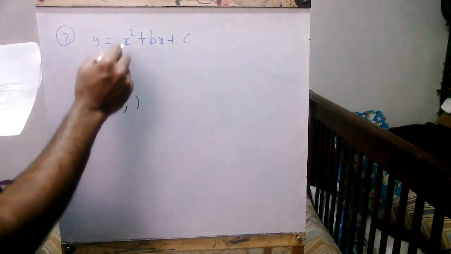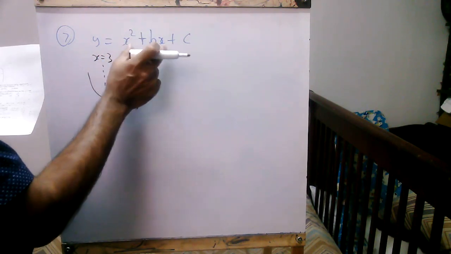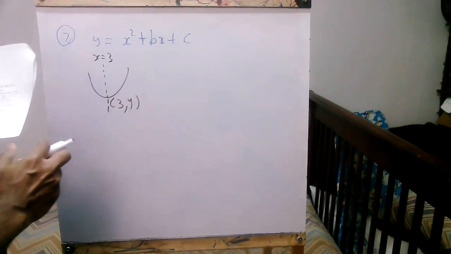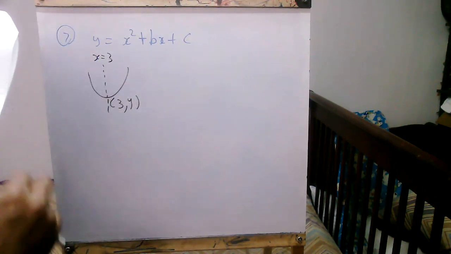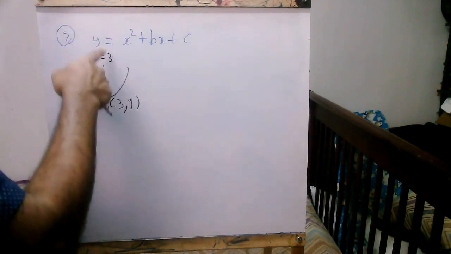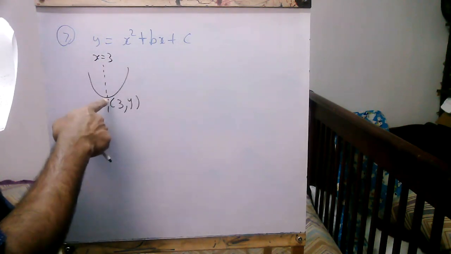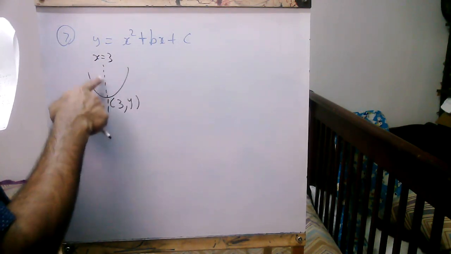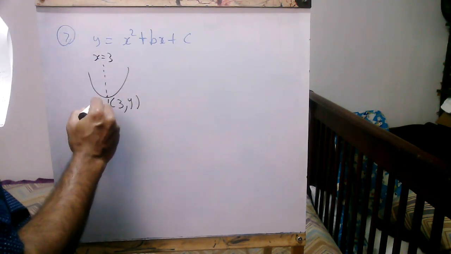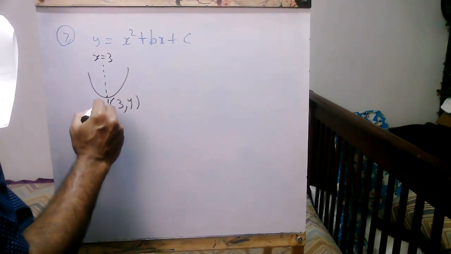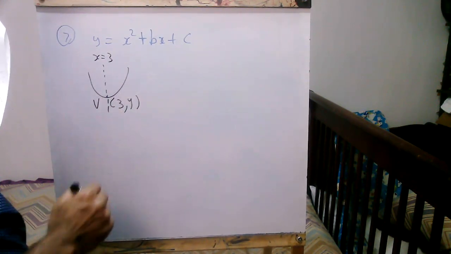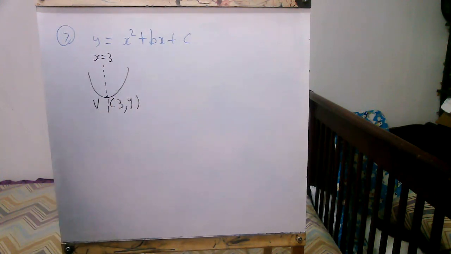We can find the y coordinate by substituting in the given equation, but we don't want it now. We know when the axis of symmetry is given, the x coordinate of the vertex is 3.